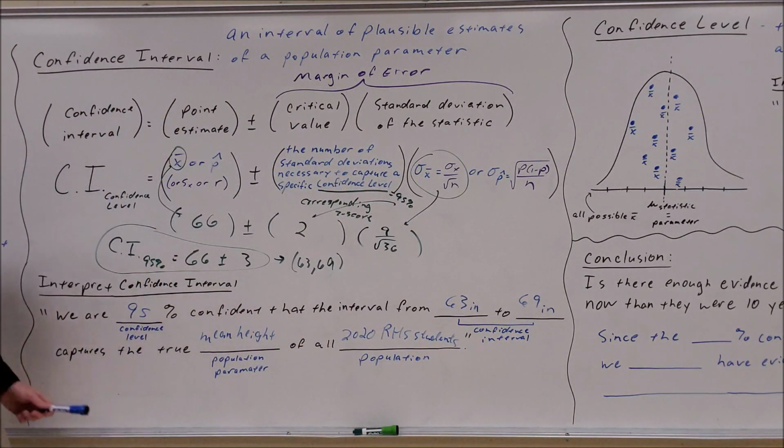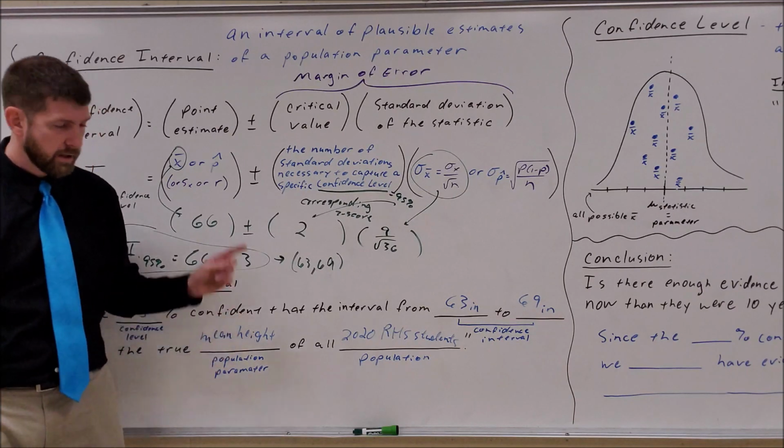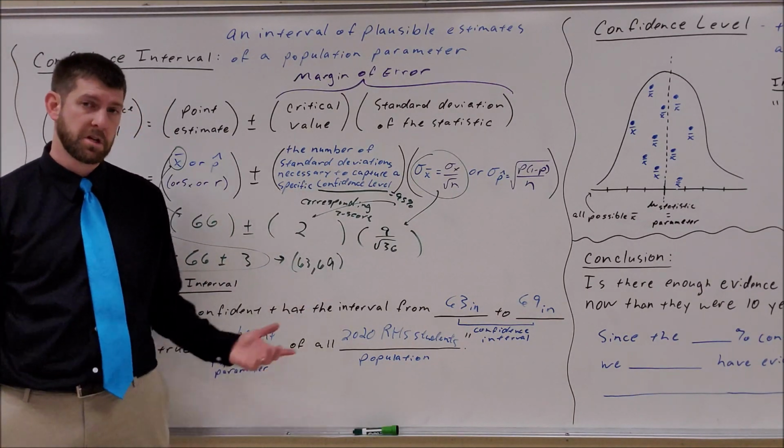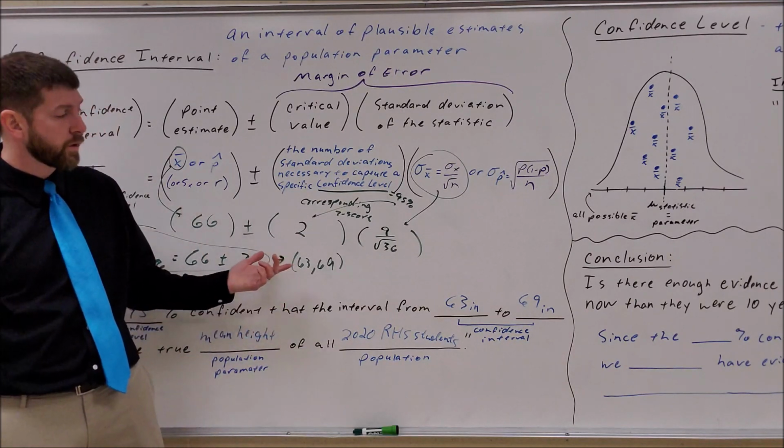That's all it means. We're 95% confident that the actual height of RHS students is somewhere between 63 and 69. That's what it's going to tell us.